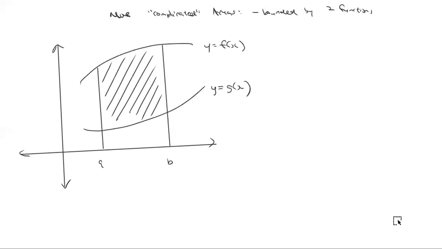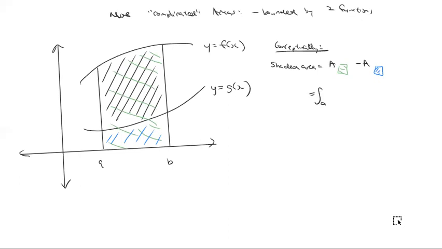You find the area of f of x and you find the area of g of x and minus. Yeah, exactly. So conceptually, this shaded area equals just the area, let's call it the green one, minus the blue one. Both of which you know how to work out, right?